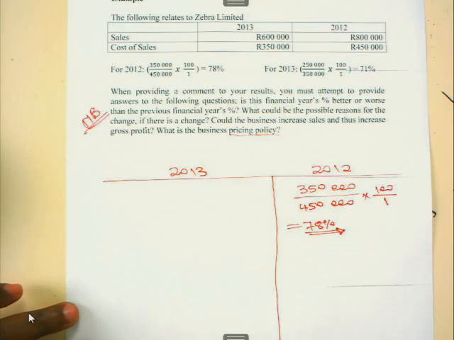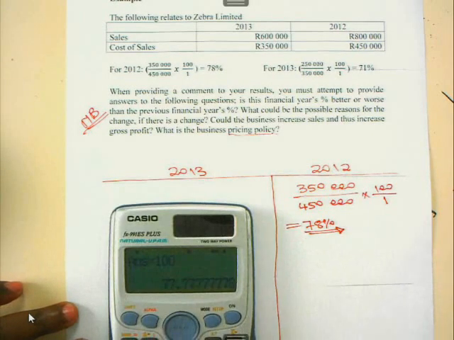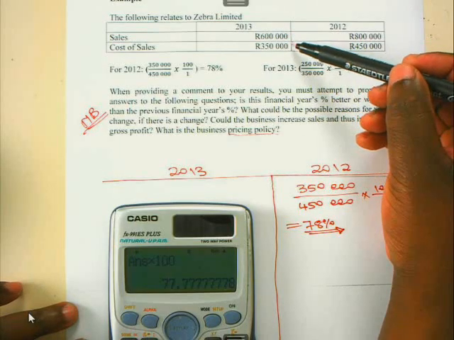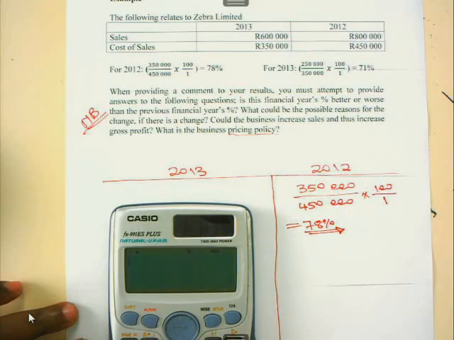Now let us look for 2013. The 2013 sales were 600,000 and the cost of sales were 350,000. Let us calculate the gross profit. 600,000, you subtract the cost of sales of 350,000.